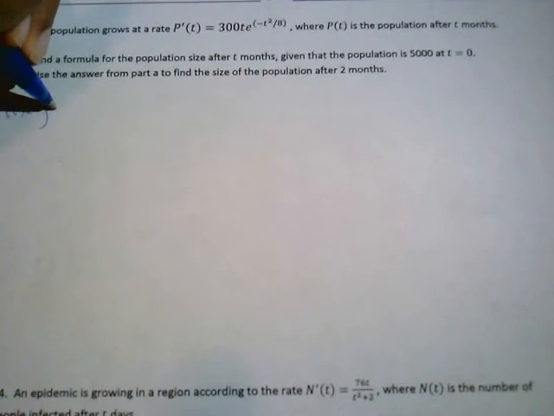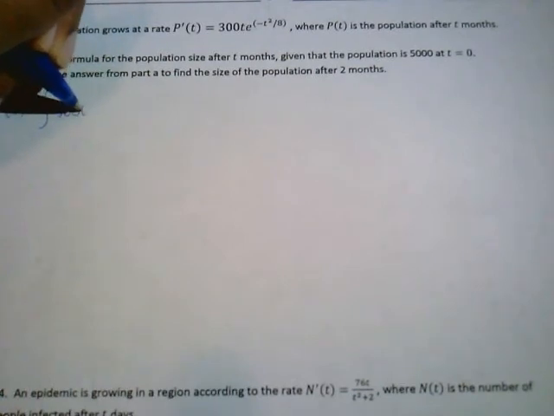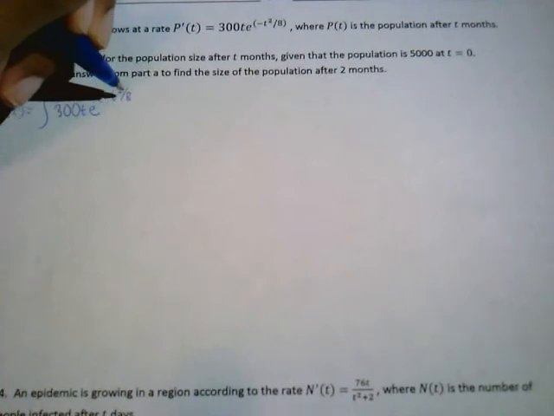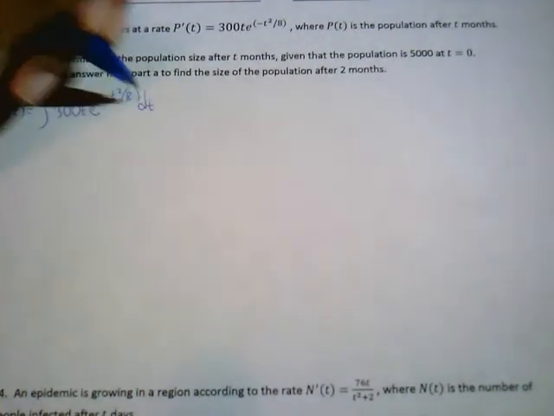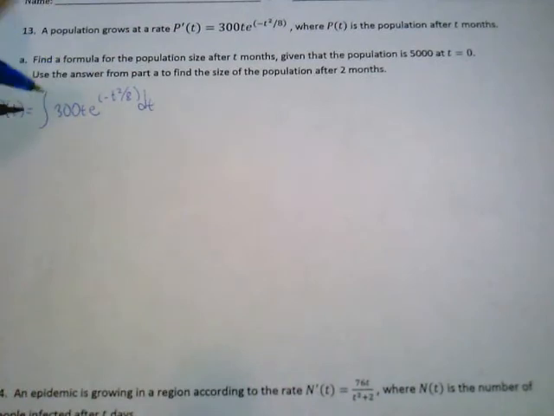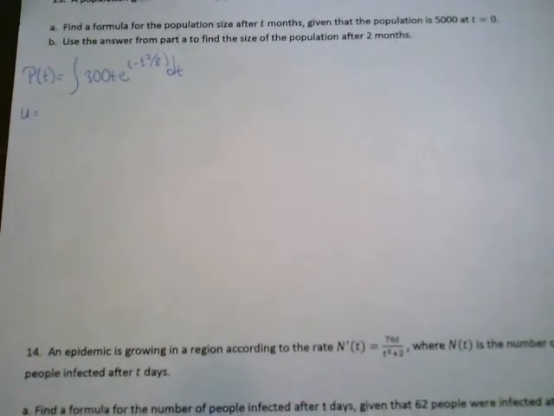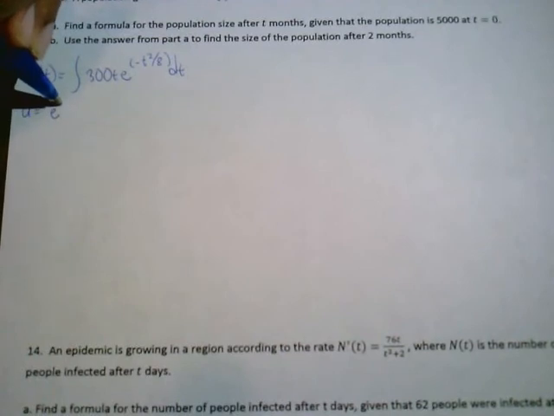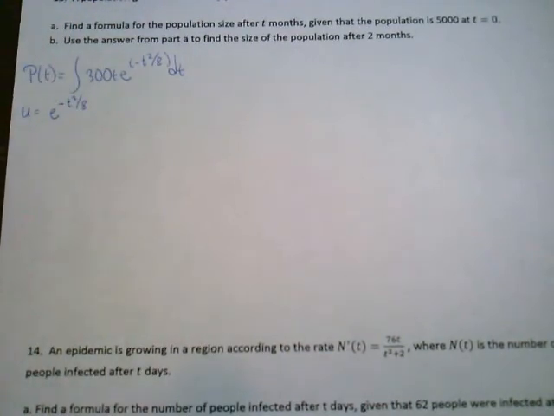So this would be the integral of 300 t e to the negative t squared over 8 dt. So we'll need to do a u substitution. So let's say u equals e to the negative t squared over 8.